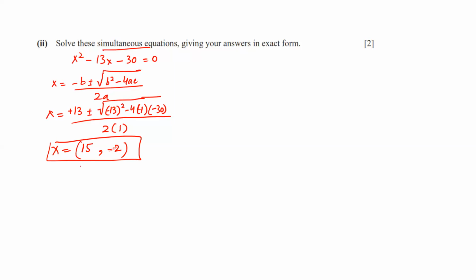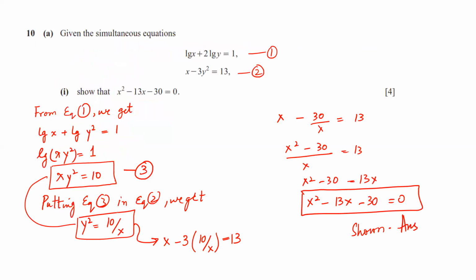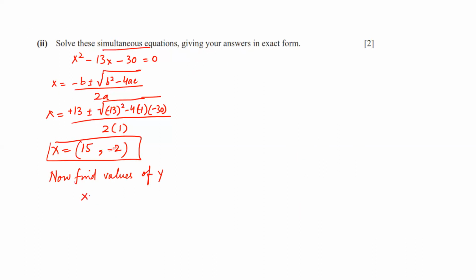Now for these two values, find the values of y. Remember from the earlier equation, x y squared is equal to 10. So for x equals 15, y is equal to the square root of 10 divided by 15.